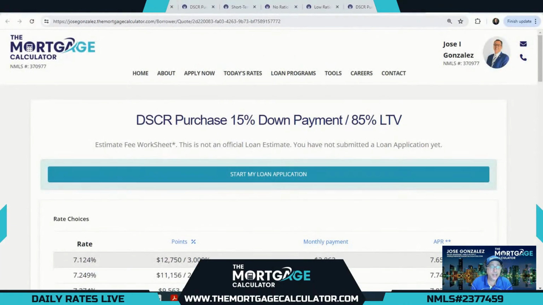I am starting today with the 15% down option, which used to be the unicorn for the DSCR investors, but now we're getting more options of the 15% down DSCR option.